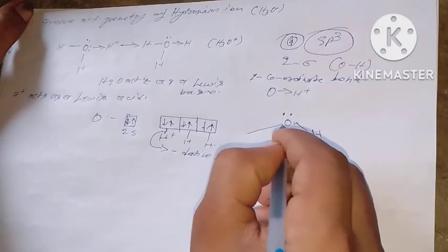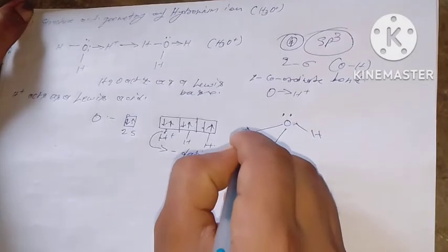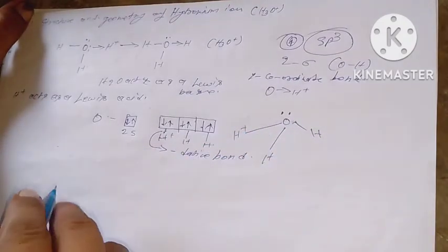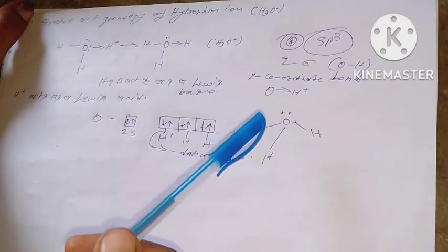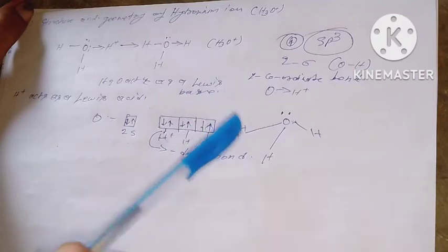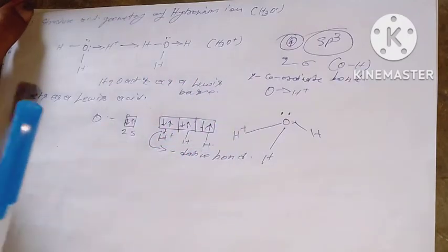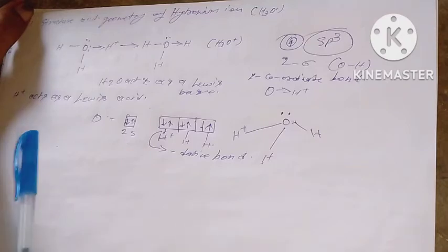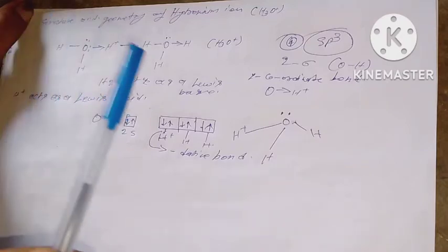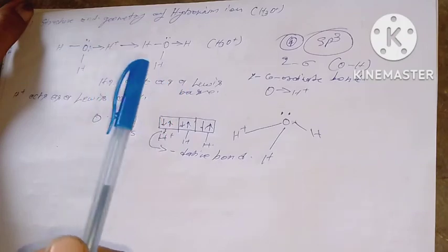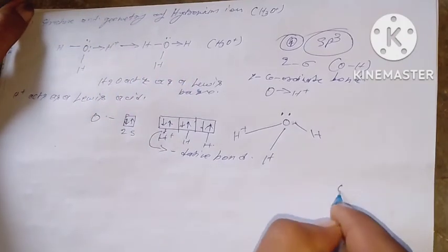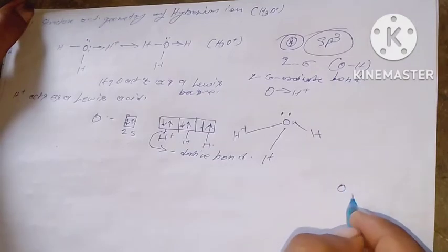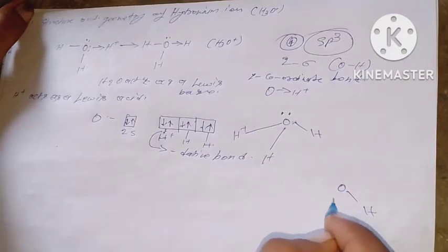Due to sp3 hybridization the structure is tetrahedral, but the presence of one lone pair of electrons distorts the structure. Hence H3O plus, the hydronium ion, has a trigonal pyramidal shape, okay.